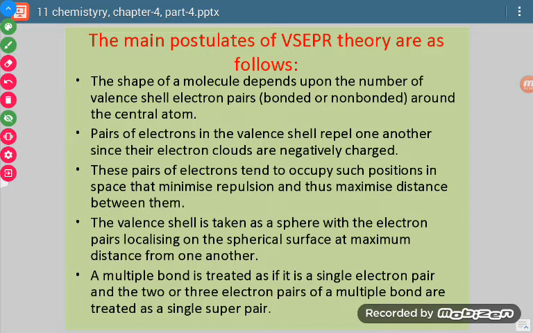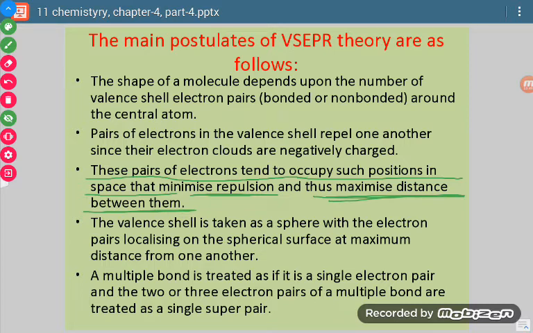Now, because of these repulsive forces, what happens? These pairs of electrons tend to occupy such positions in space that there is minimum repulsion and maximum stability of the molecule. And minimum repulsion is only possible when they are at the maximum distance from each other.